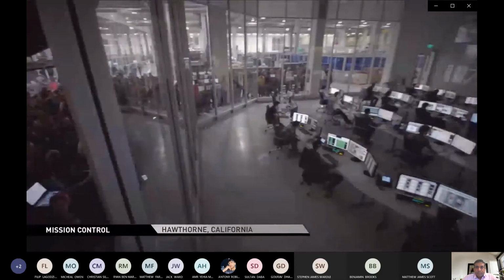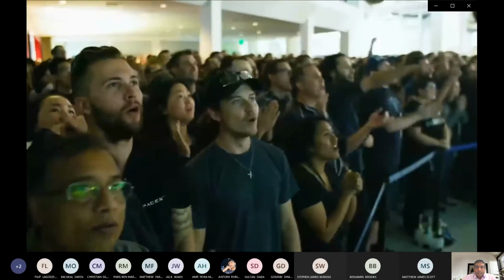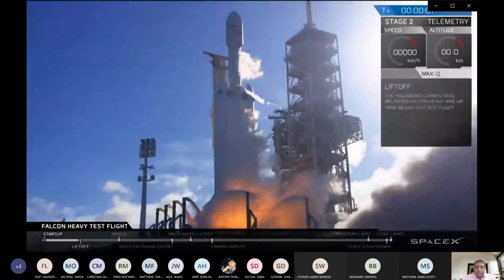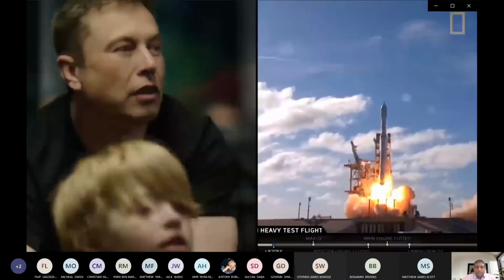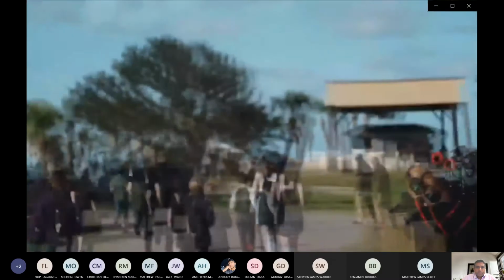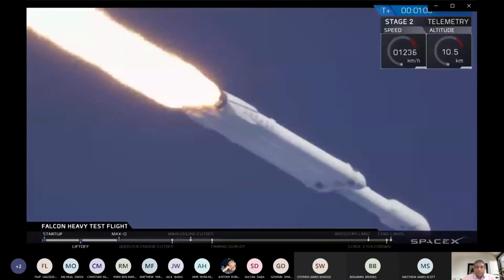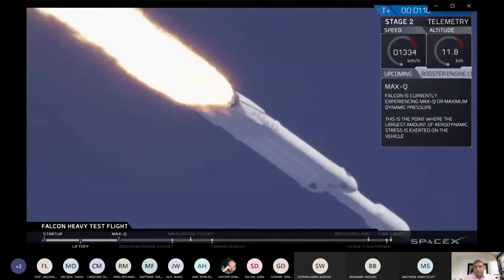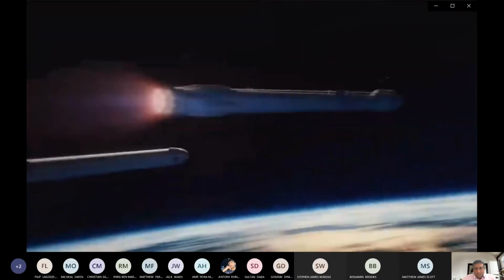SpaceX Falcon Heavy, go for launch. 10, 9, all systems currently green. Set booster ignition. 5, 4, 3, 2, 1.